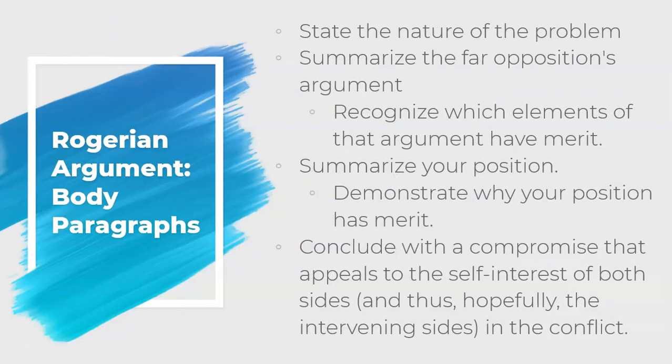Essentially, your structure in a Rogerian argument would be first to state the problem. This may be where you find common ground or where everybody agrees that it is a problem, and then looking into the opposition second when you summarize the opposition's argument. Why they maybe disagree with the problem, or why you have very different approaches on how to solve the problem.